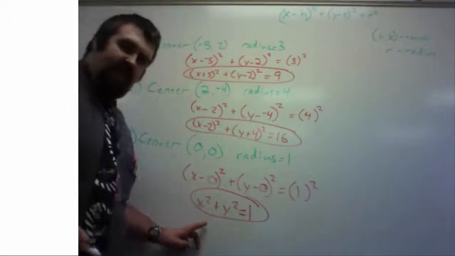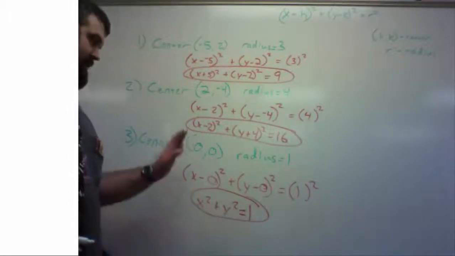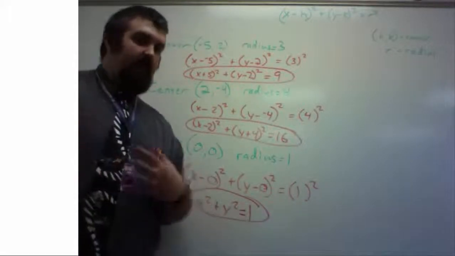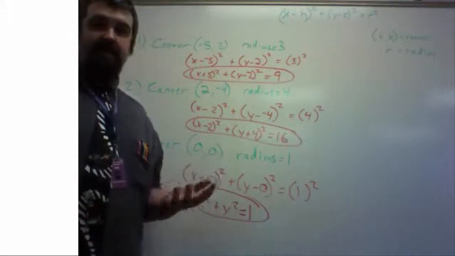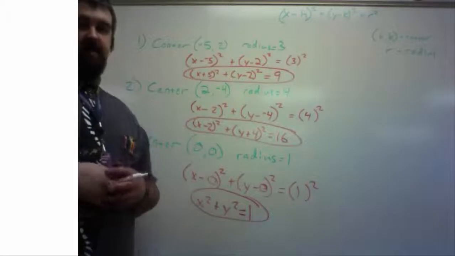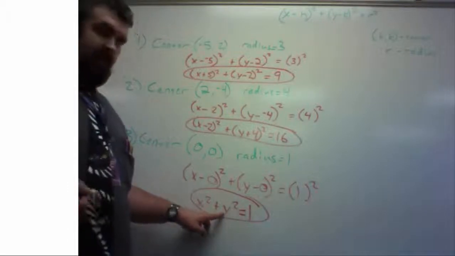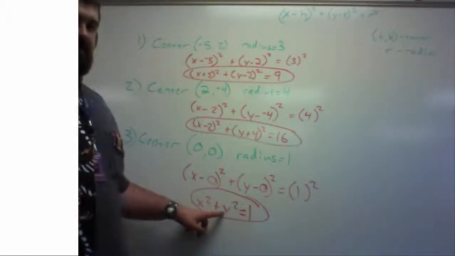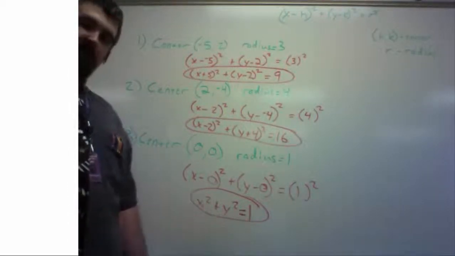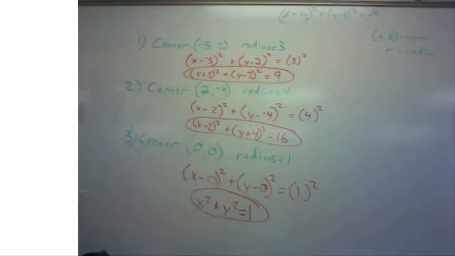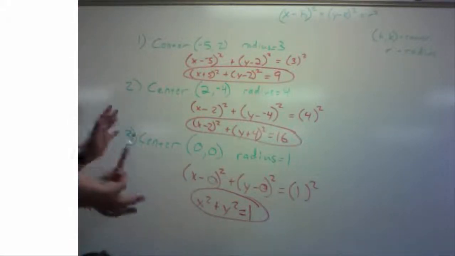If you see x squared or y squared by itself, that's telling you the center is 0 comma something, maybe even 0 comma 0, or something comma 0. If you ever see x squared by itself, it's telling you the x coordinate for the center is 0. If you see y squared by itself, it's telling you the y coordinate for the center is 0. In this case, it's an origin type problem.